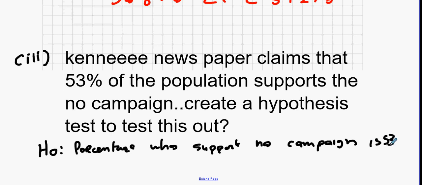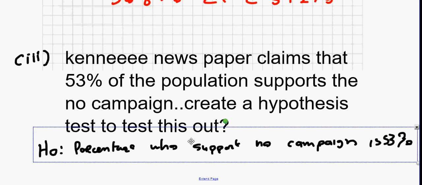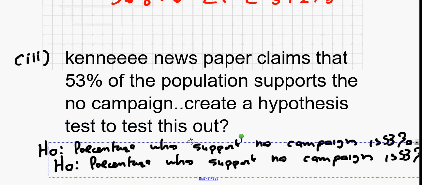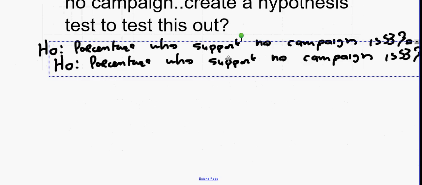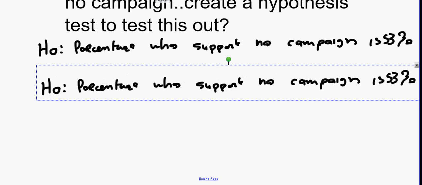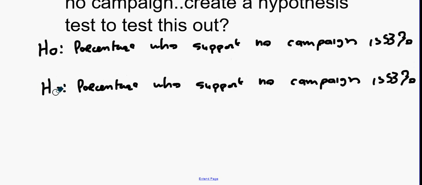Now you can be really lazy. The H1 is usually an absolute rip-off of the H0, except you change one word. So H1, and what's the only thing I need to change? It's not 53%.